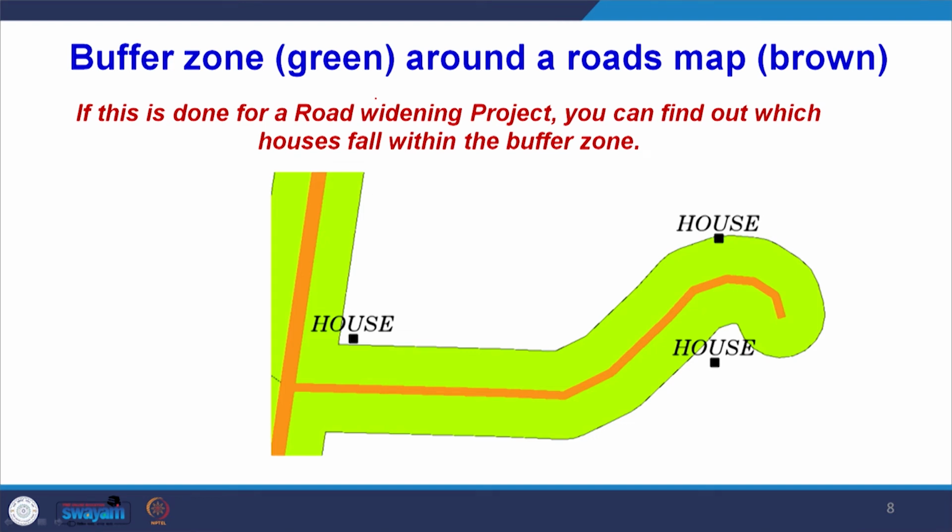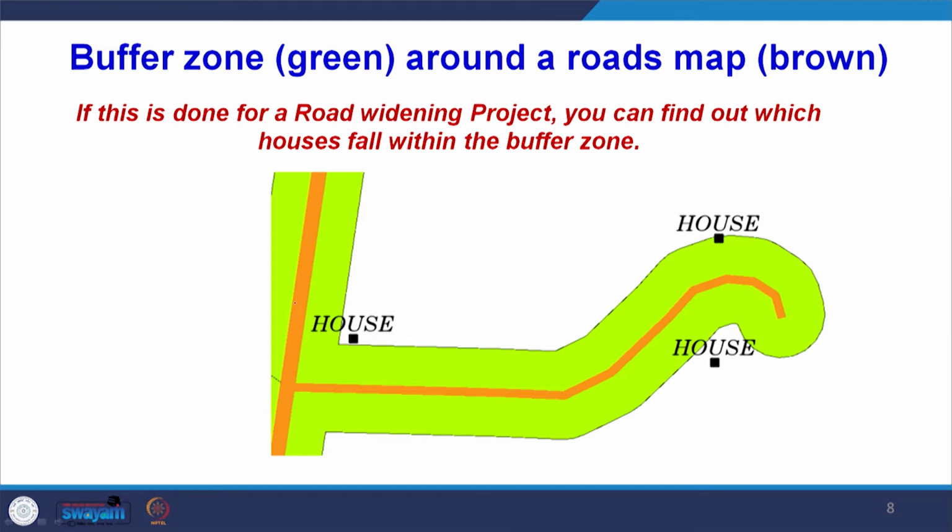This is a buffer zone which has been created around a road. You can see the brown one is a road and around that a buffer has been created by a certain distance, and this is superimposed onto the map denoting the houses in that area.